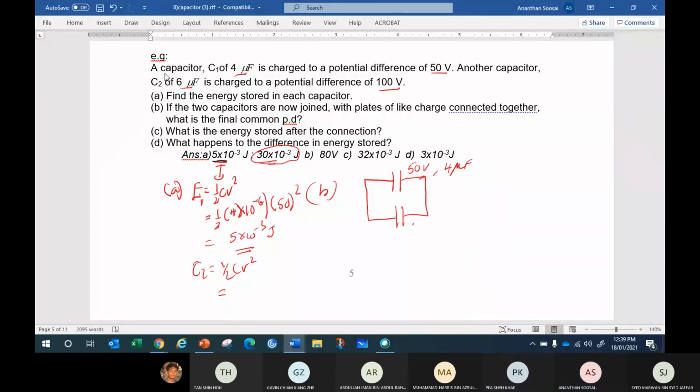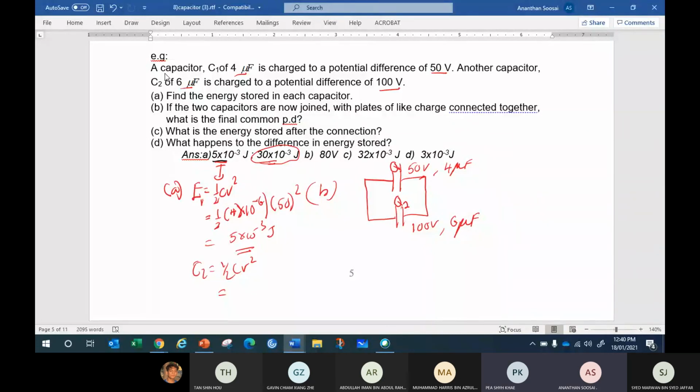Another one is 100 volt, 6 microfarad. When they are connected, the first capacitor has its own charge stored, Q1. The second capacitor has its own charge stored, Q2. When they are connected, the charge will flow from which capacitor to which capacitor? And why?